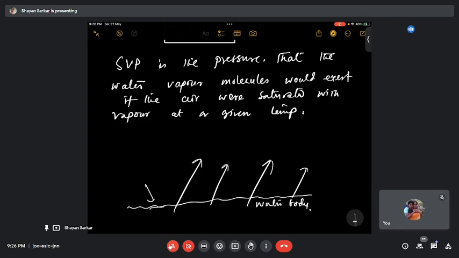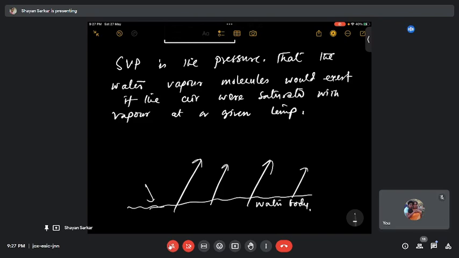That means as the temperature increases, the saturated vapor pressure will also increase. So saturation vapor pressure actually depends primarily on the air temperature. Okay, at higher air temperature it takes more water vapor to saturate the air, right?